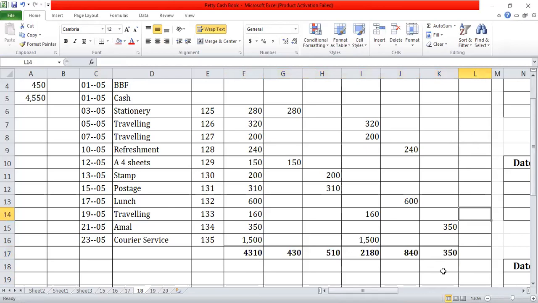Write these values. And then after that, double line the addition of the analysis columns. At the same time, do a quick math and see whether the analysis column total is equal to the addition of the payments, 4,310.